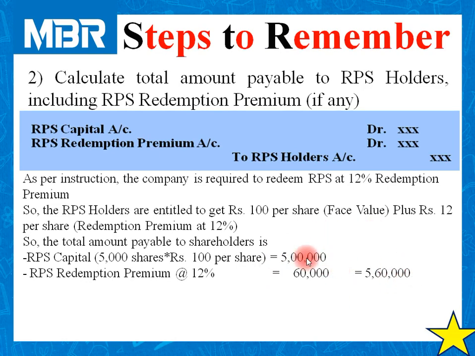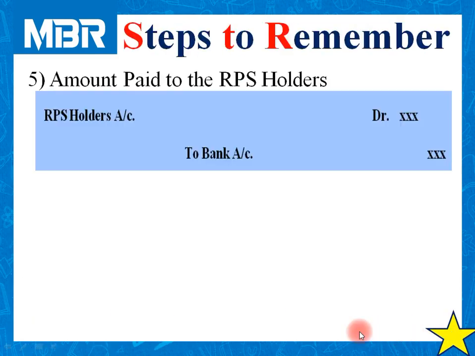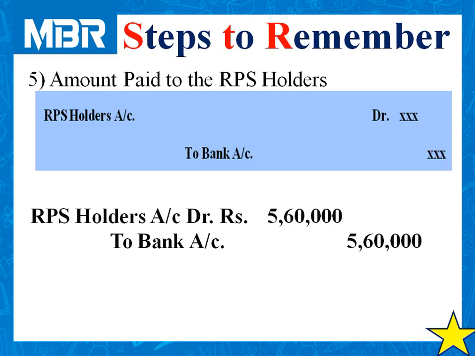As per the provisions of Companies Act, we need to adjust our RPS redemption premium against security premium account. If the amount of security premium is not sufficient, then we can adjust the remaining amount against our profit and loss. Let us check our question.